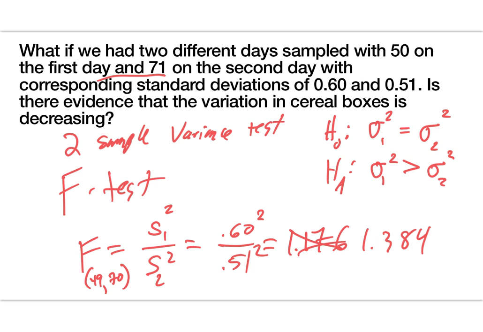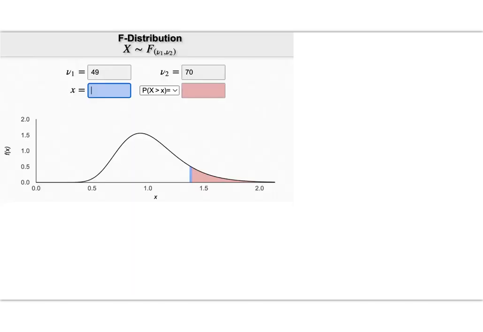Now my area is, so I go to the F distribution, 49 and 70, I entered there for the 2 degrees of freedom, right? Because it was 50 minus 1 and 71 minus 1. The X value that I got was 1.176.